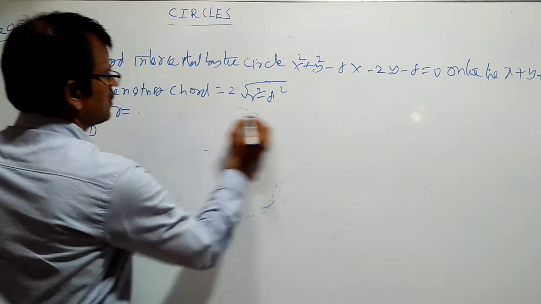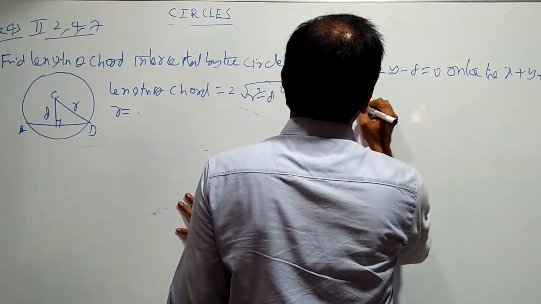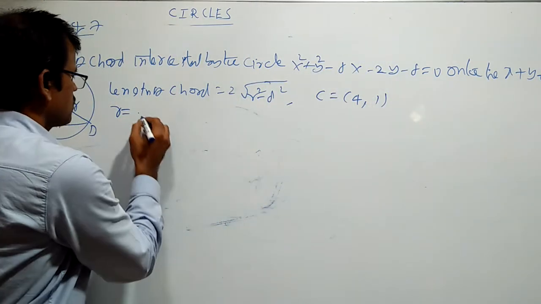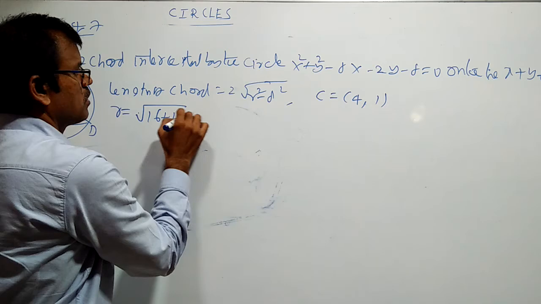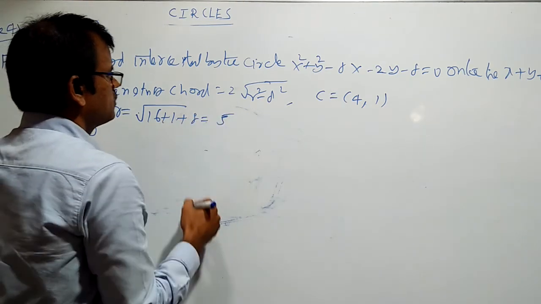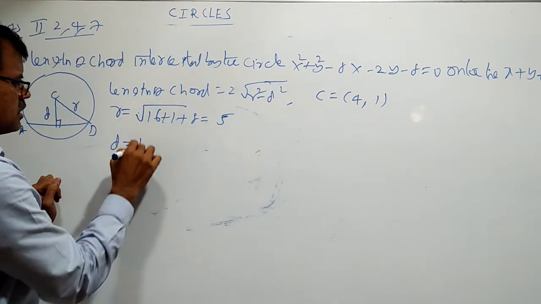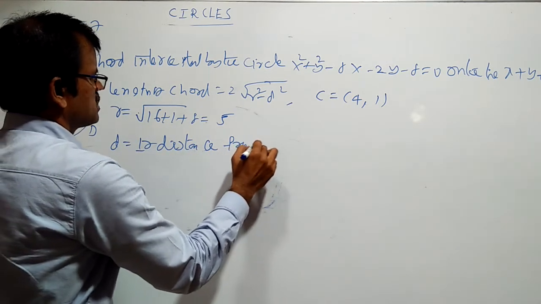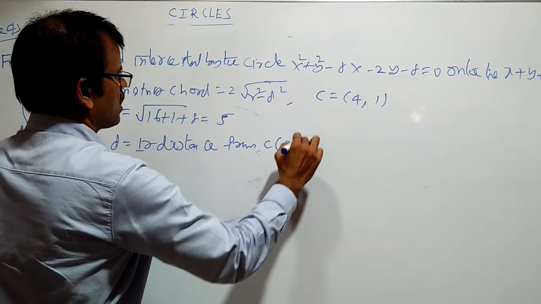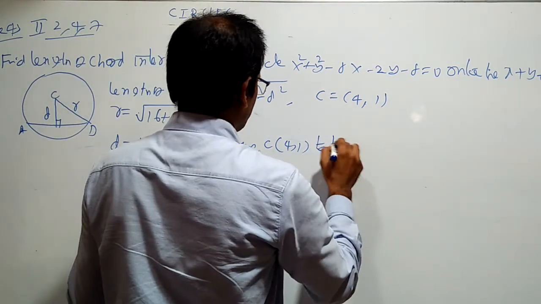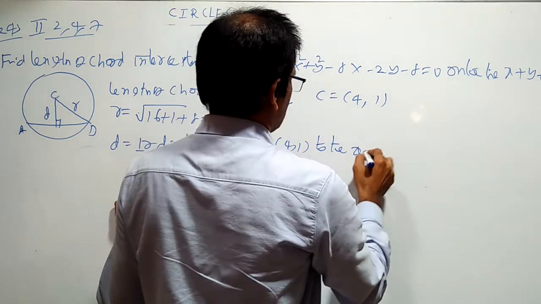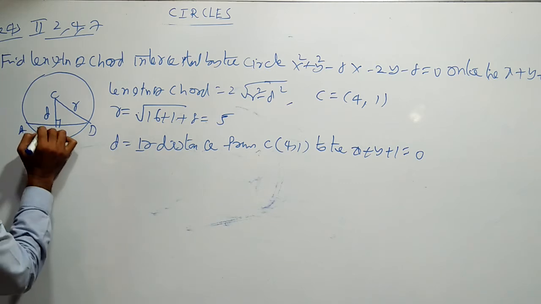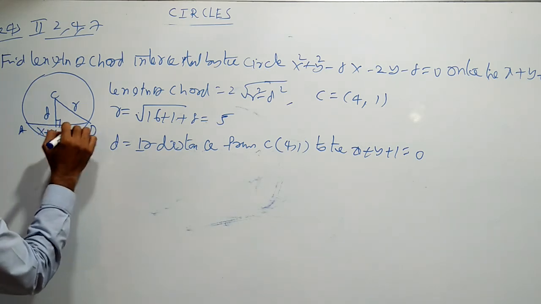First of all, the center is (minus g, minus f) equal to (4, 1). So r is equal to root of g square plus f square minus c, which is 16 plus 1 plus 8, so r is equal to 5. Now D is the perpendicular distance from the center (4, 1) to the line x plus y plus 1 equal to 0.